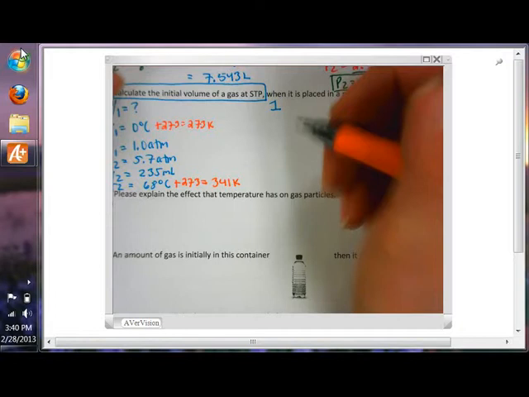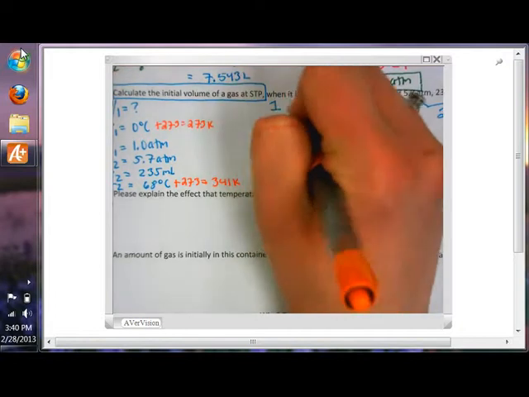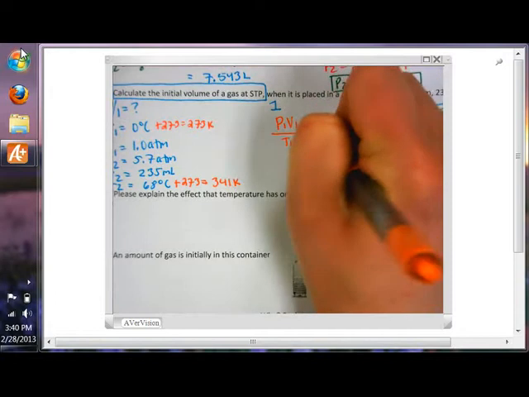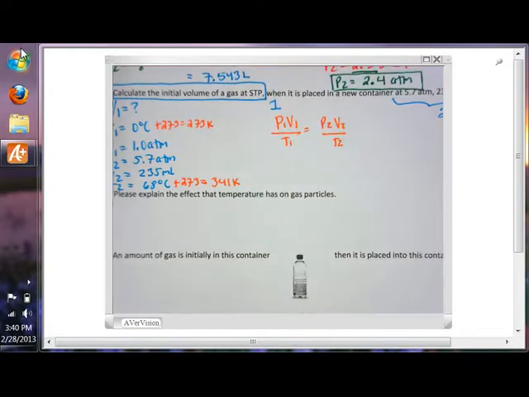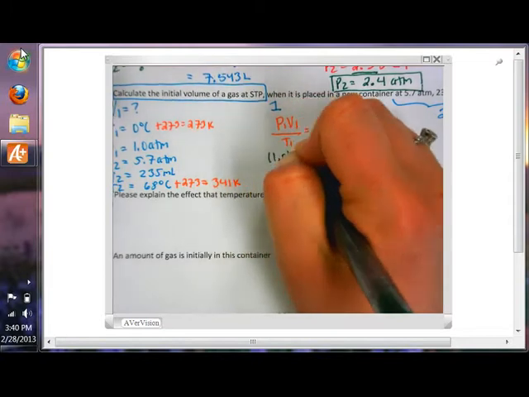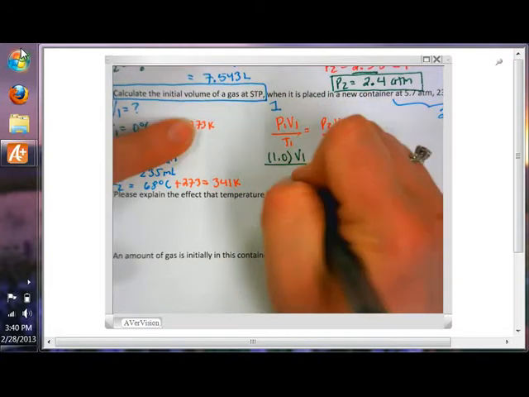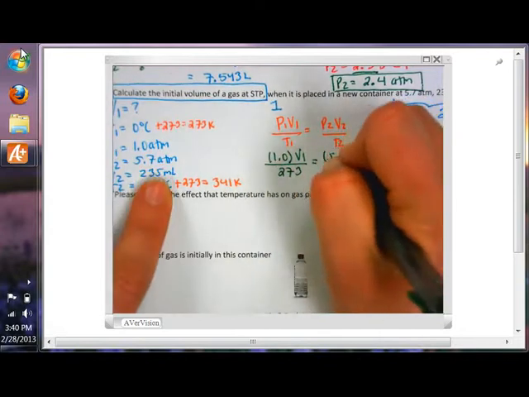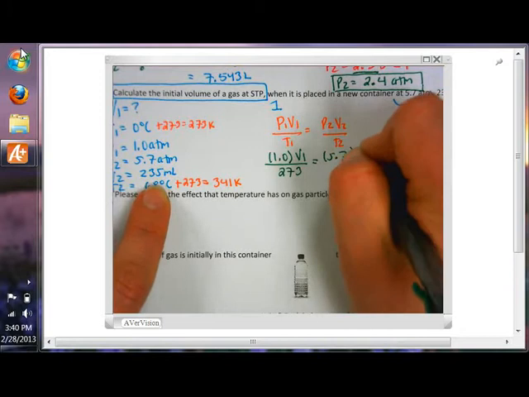You can leave it in milliliters, or you could convert it to liters if you wanted. So I've got P1 V1 over T1 equals P2 V2 over T2. So now I'm going to plug and chug. P1 is 1.0. V1 is I don't know. T1 is 273 equals P2, which is 5.7. V2, which is 235. And T2, which is 341.